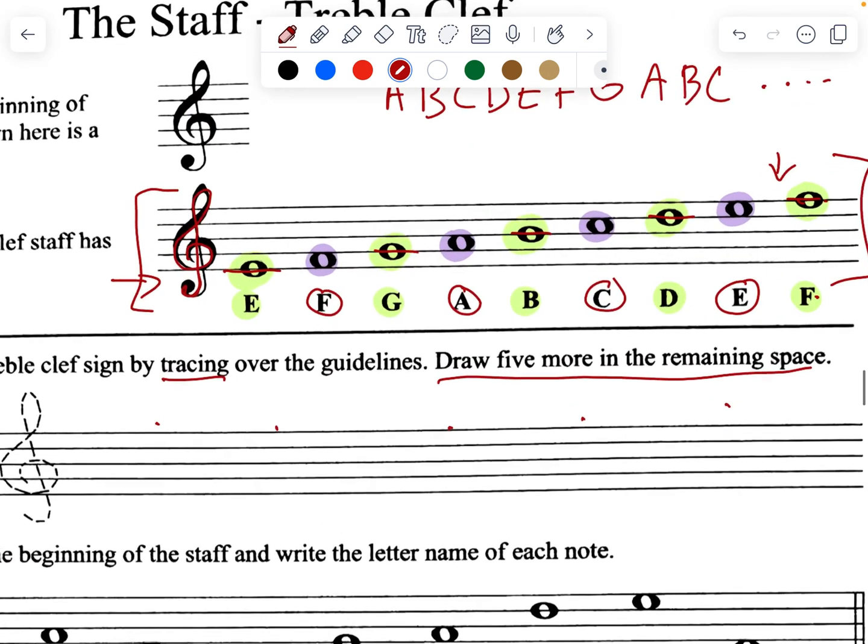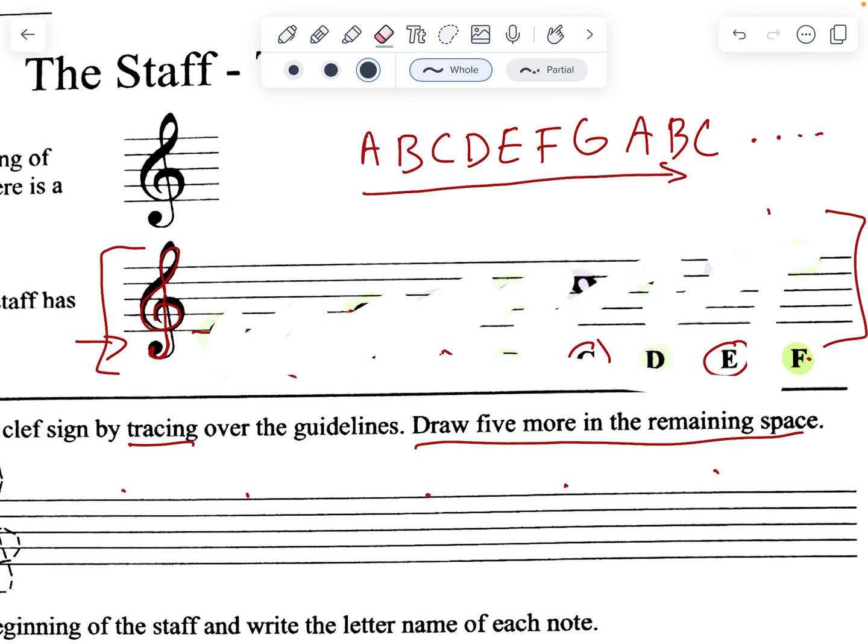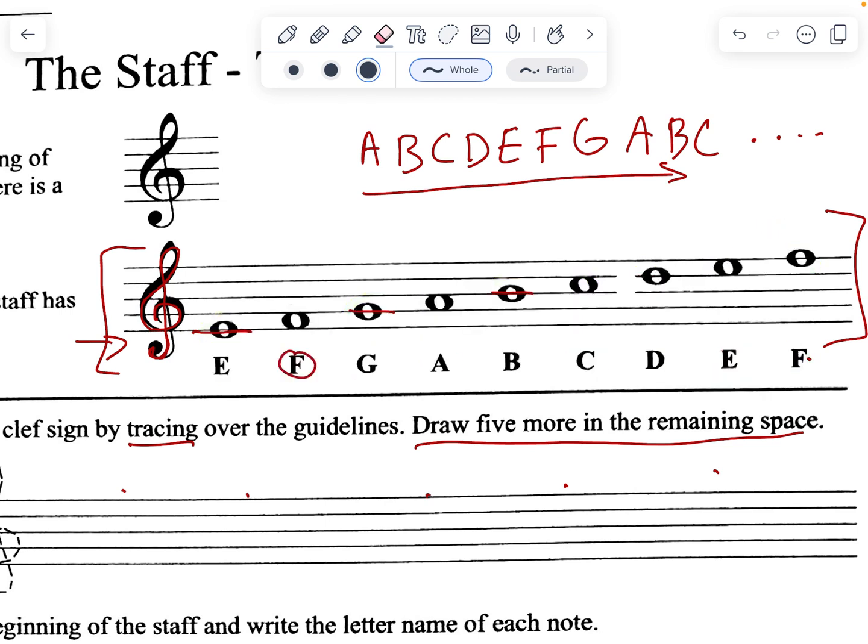One last thing, just to point out, I mentioned that the notes on the staff go up kind of in an alphabetical order. I'll just kind of draw your attention to that. Okay, I'm going to clear this. If you look at the letters, you'll notice that they do go alphabetical.